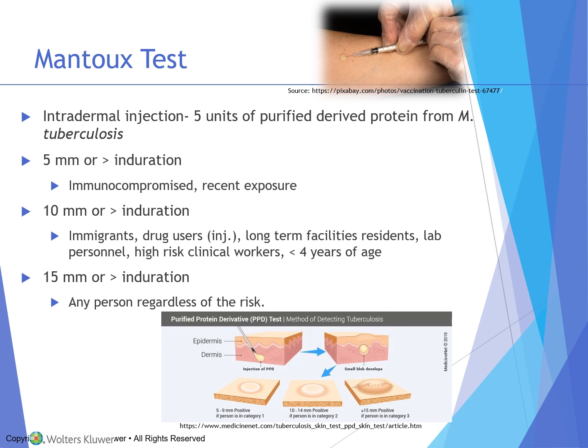Whether we work as nurses, lab assistants, nursing assistants, or medical assistants. If we work at a high-risk facility such as clinics or hospitals and we have an induration of 10 millimeters or more, then we're positive. And also patients that are less than 4 years of age. Now, for the rest of the population, any person regardless of the risk, this includes everyone else, it's 15 millimeters or more for the induration.